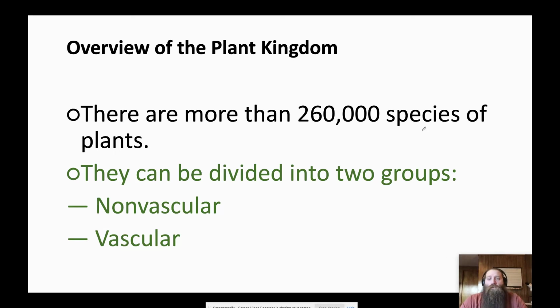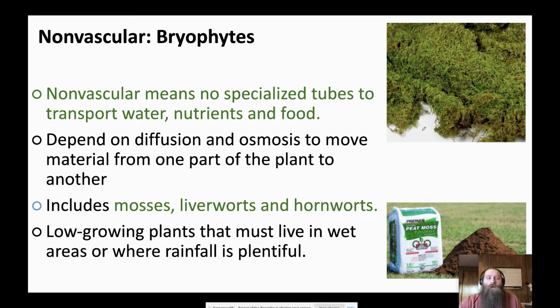Now, there are over 260,000 species of plants. And to start breaking them down, the first thing that we look at is whether or not they have vascular tissue. So we divide those 260,000 species into a vascular group and a non-vascular group. Now, our non-vascular group are called the bryophytes.